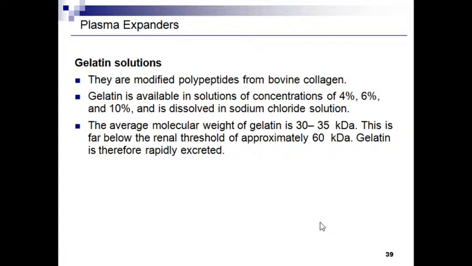The average molecular weight of gelatin is from 30 to 35 kilodalton. This is far below the renal threshold of approximately 60 kilodalton. So the gelatin is therefore rapidly excreted from the bloodstream.